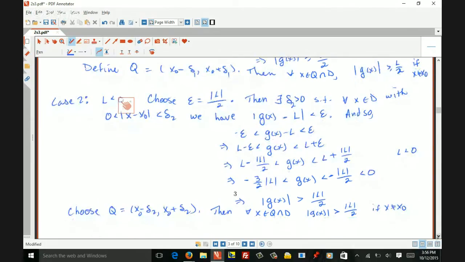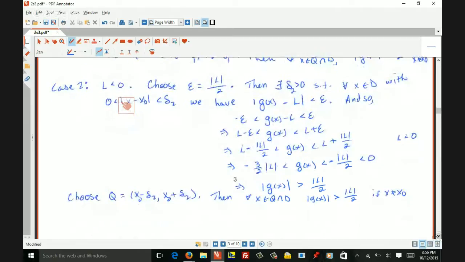We only have one other case to look at, and that is if x naught is in D, then for our maximum, we have to check and see if g of x naught is smaller than L over 2.